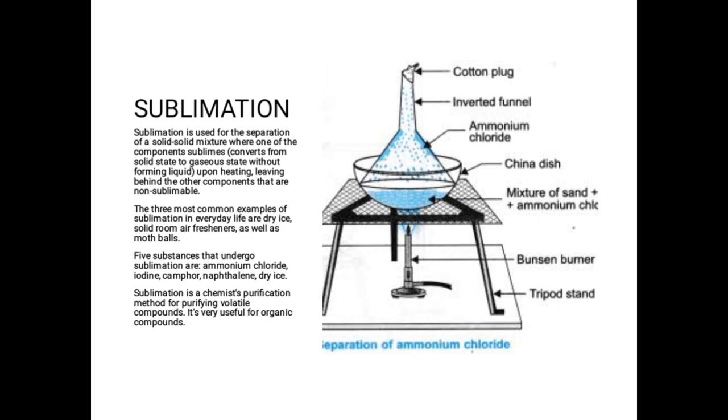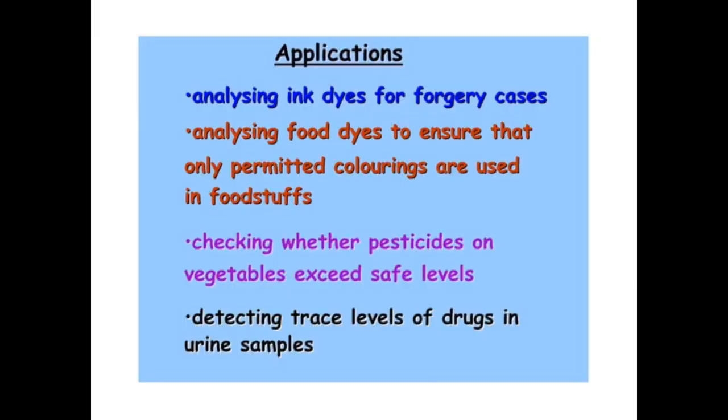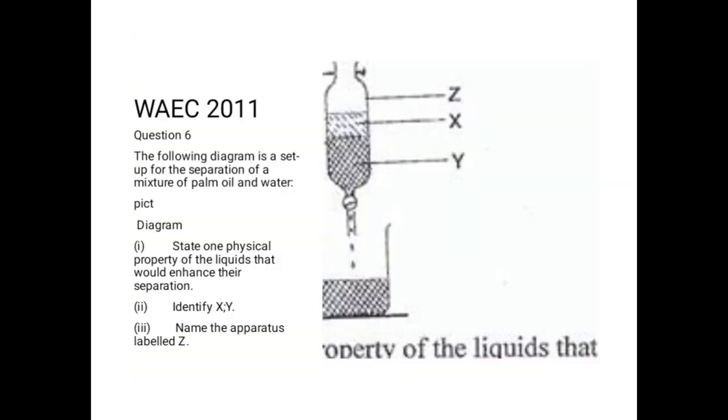Sublimation is also used as a purification method for purifying volatile compounds, and this is a typical setup of a sublimation method. So sublimation can be used in various ways, but generally for chemical analysis.